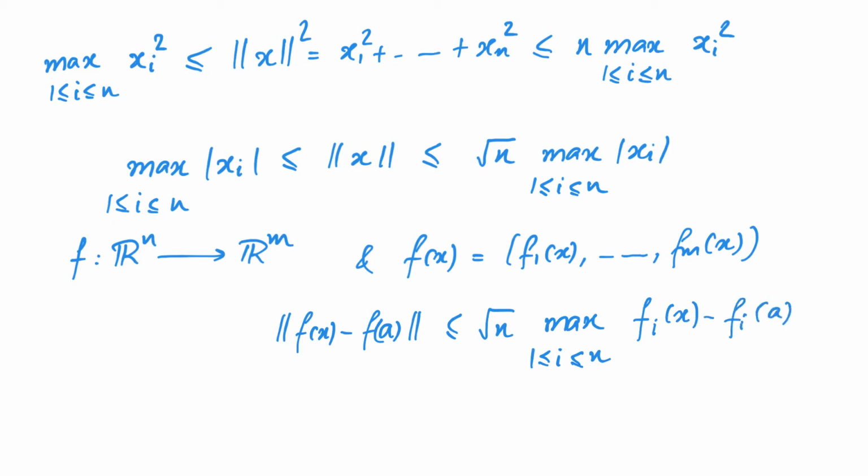Similarly, we know that norm of f of x minus f of a is greater than or equal to maximum of mod of fi of x minus fi of a.